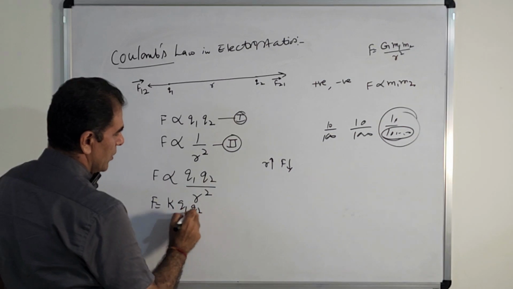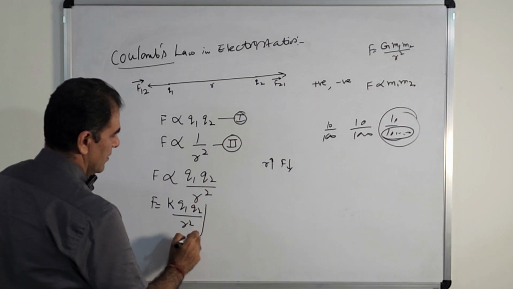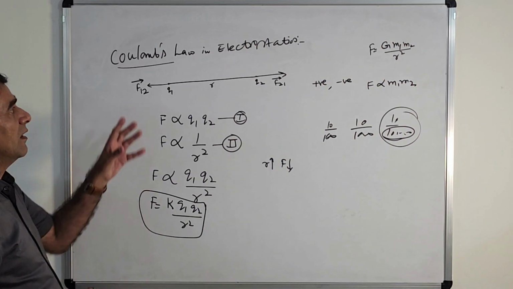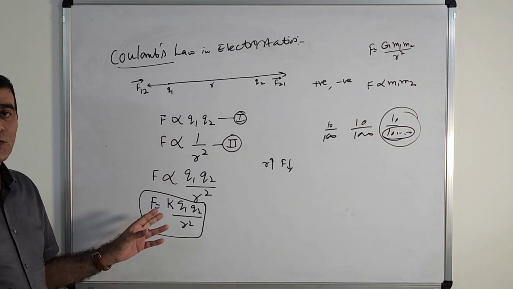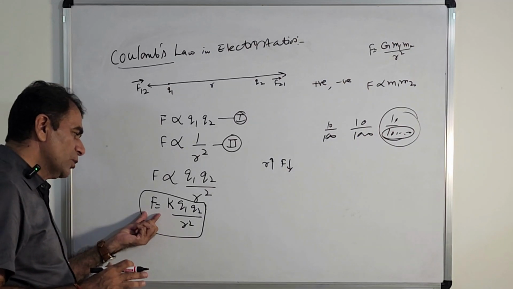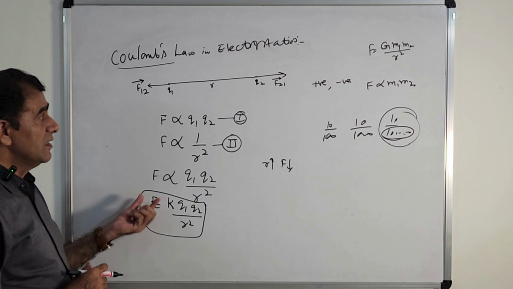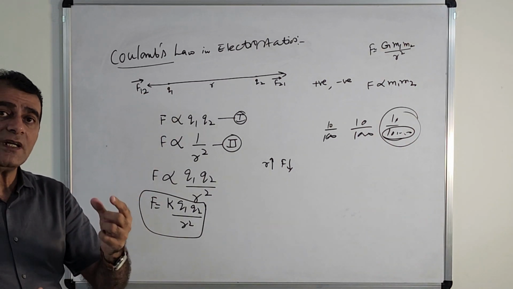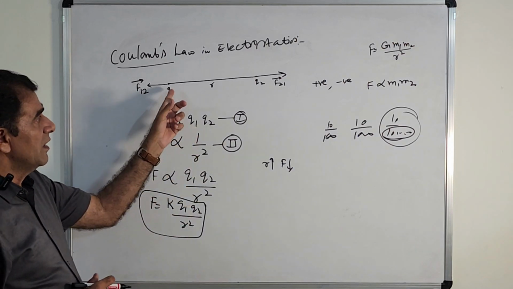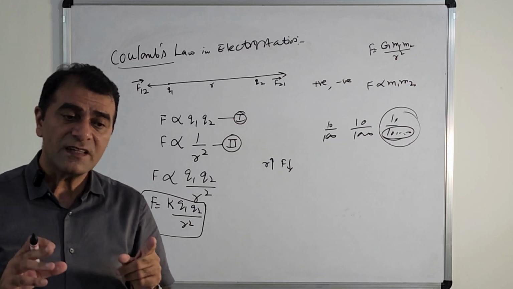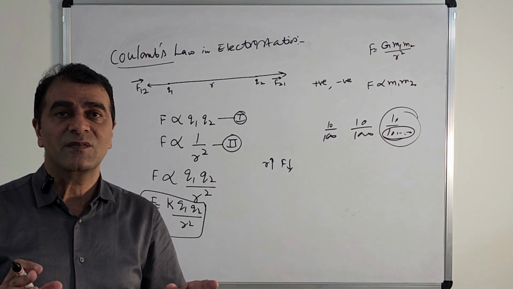Q1 Q2 upon R square. This is nothing but Coulomb's law in electrostatics. So Coulomb's law gives us the magnitude of force, which is either attractive force or electrostatic repulsive force between any two point charges. I am always emphasizing the word point charges.